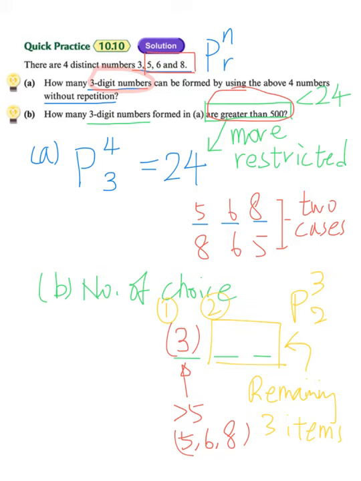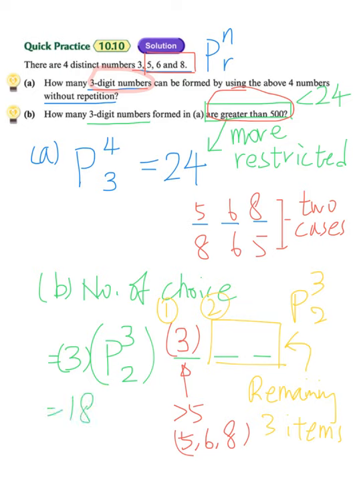After summarizing all this, the number of choices becomes: first you pick 5, 6, or 8, so 3, times select 2 out of 3 and then do the permutation. You can quickly find that the answer is equal to 18.